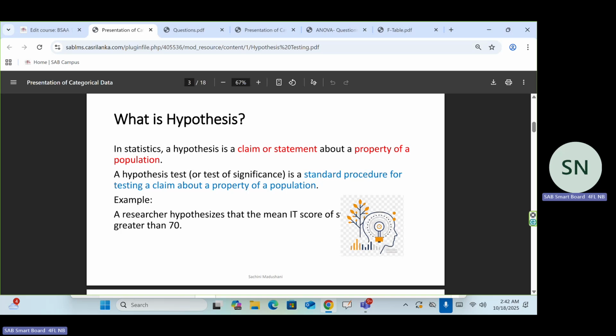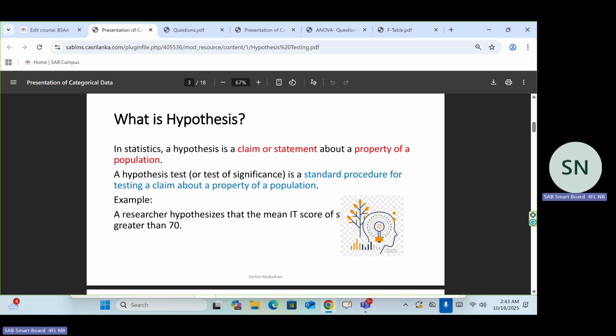Under hypothesis testing, hypothesis means we construct a claim or statement about the population parameter. We take the population parameter mu, where mu means population mean. We construct a claim about the average marks of students in a particular subject.